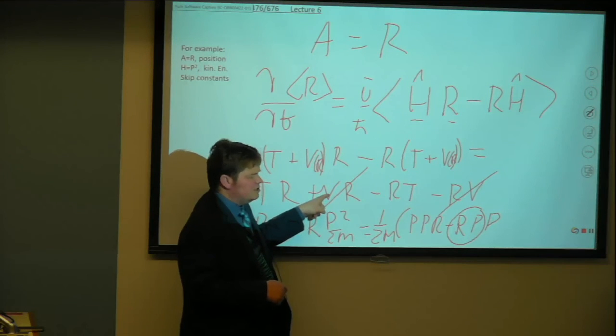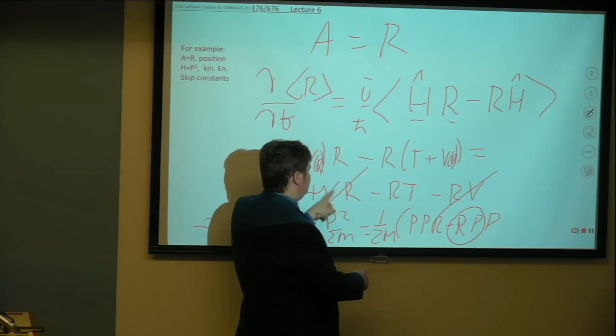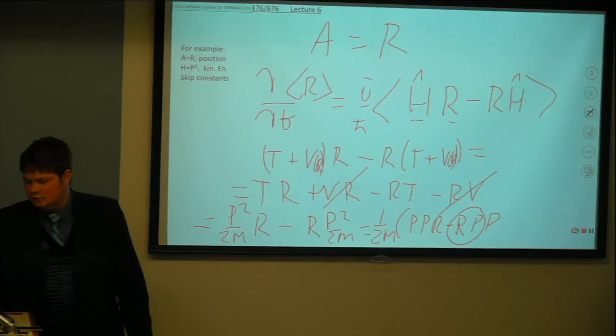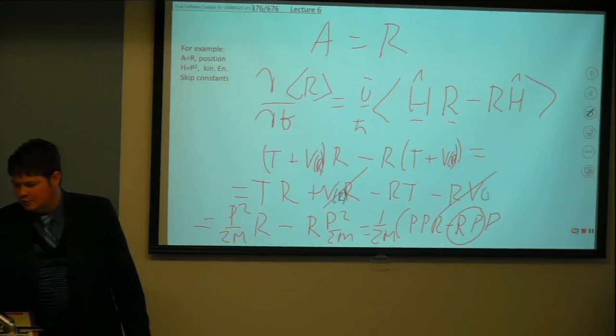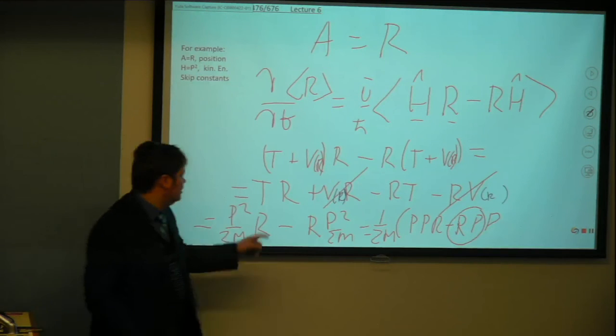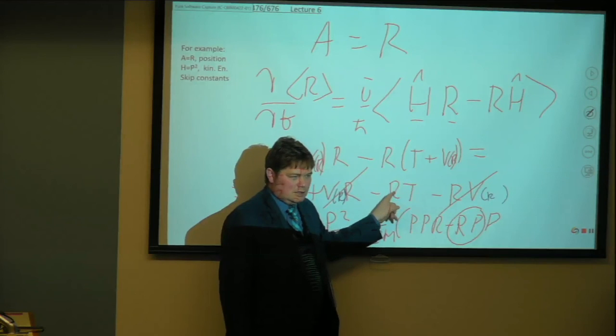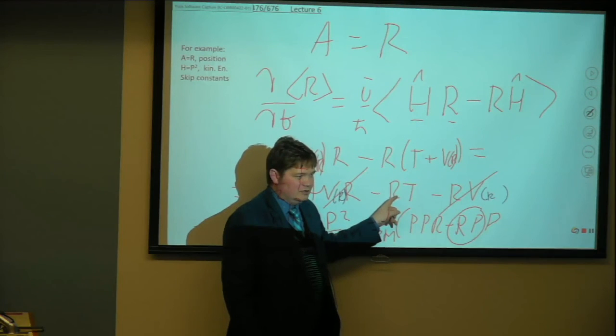Potential energy is a polynomial of position. Therefore, VR minus RV is 0. V depends on R. So we need to compute only TR minus RT. R is position, T is kinetic energy. It is not like the gas constant and temperature.